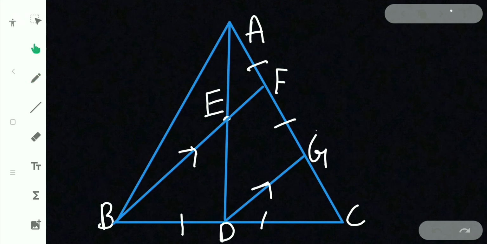And again, now a line is drawn from D to another side, parallel. We have done the construction, right? Parallel to BF. So DG is parallel to BF.